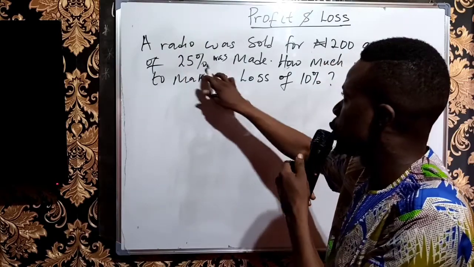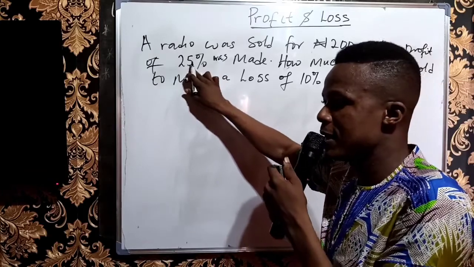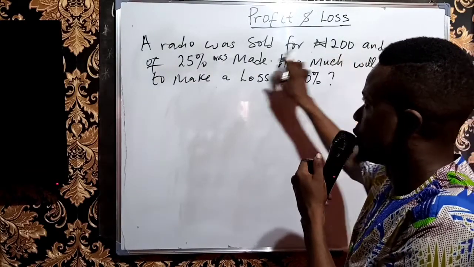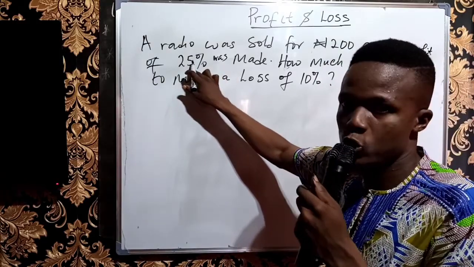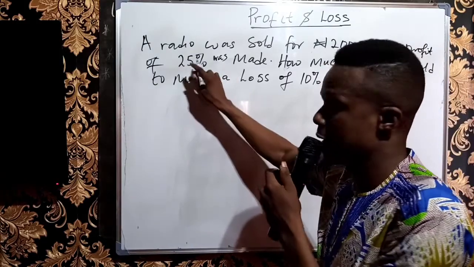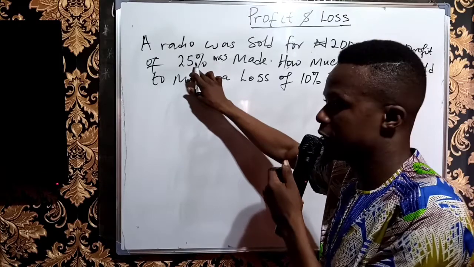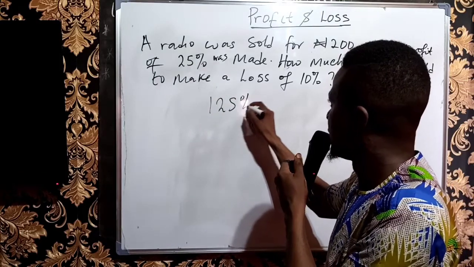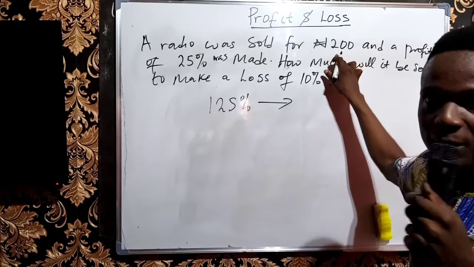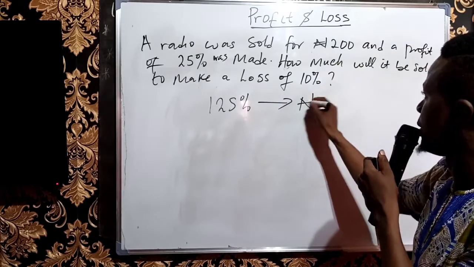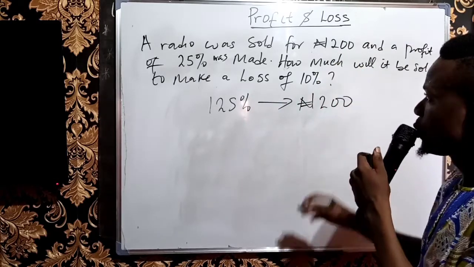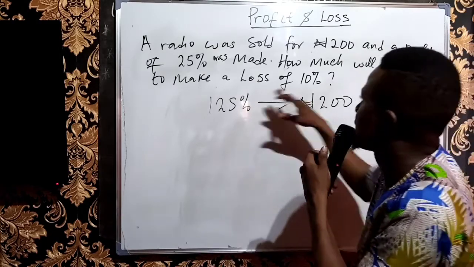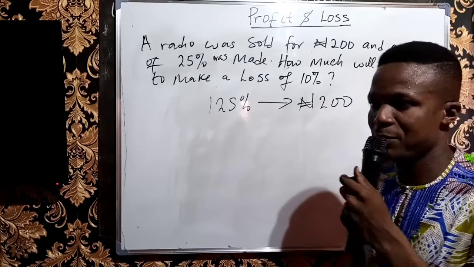Because we are told that a 25% gain was made when the article was sold for 200 naira, I'll add 25 to 100% and you have 125%, which gives us a selling price of 200 naira. Now, we are asked how much this person must sell the article for to make a loss of 10%.